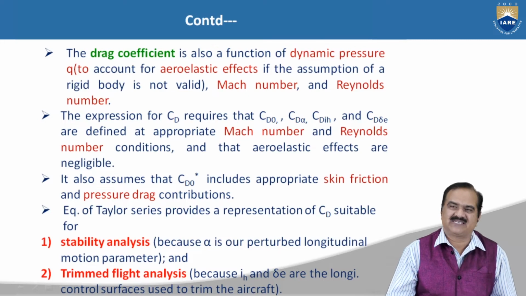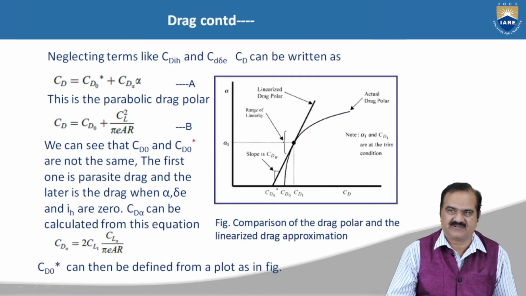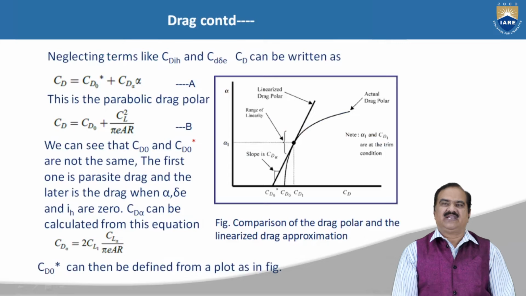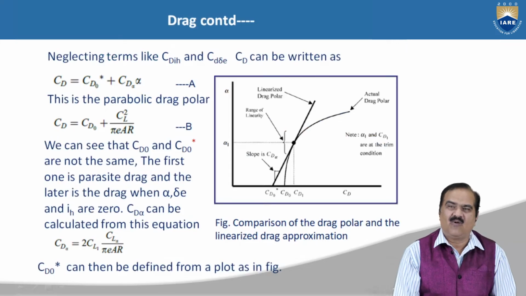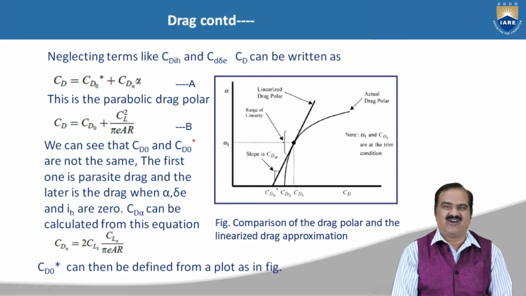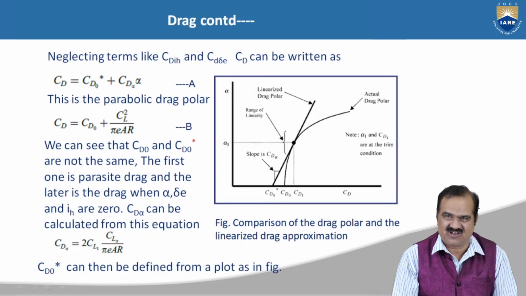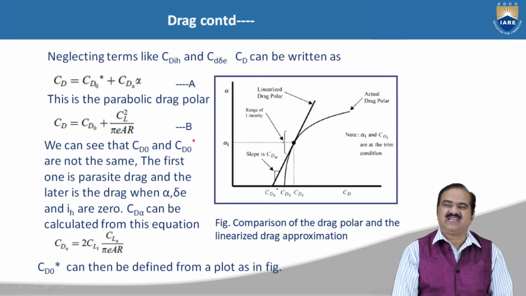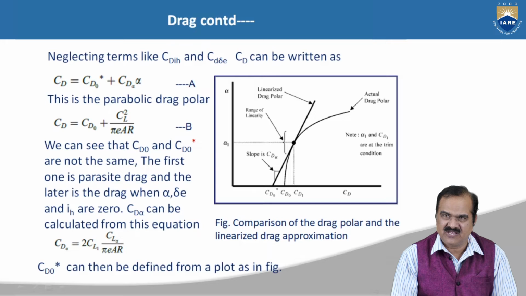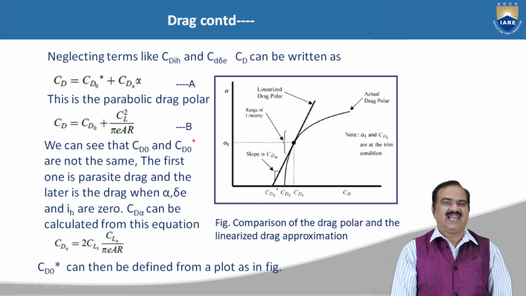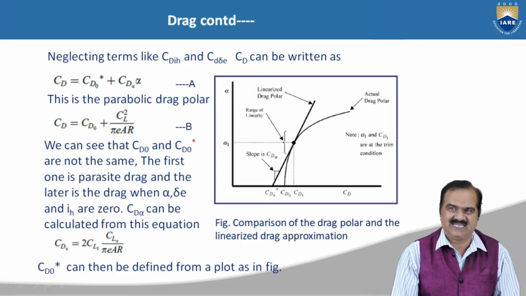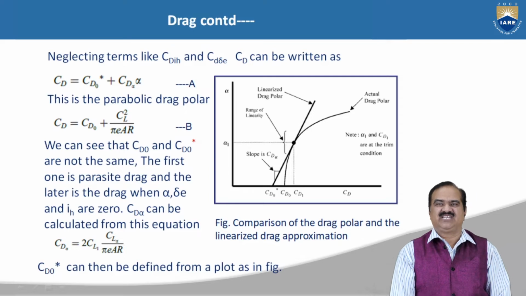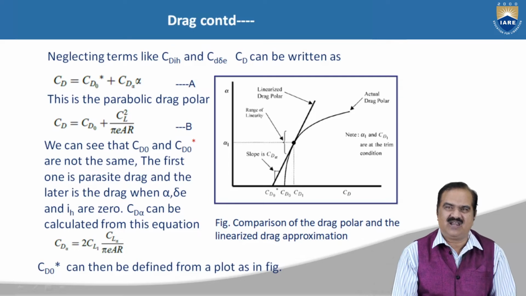We have to understand the CD naught star. What is the difference between CD naught and CD naught star is mentioned here. One diagram is also there. Neglecting the terms like CD iH, CD can be written as CD equals CD naught star plus CD alpha times alpha.